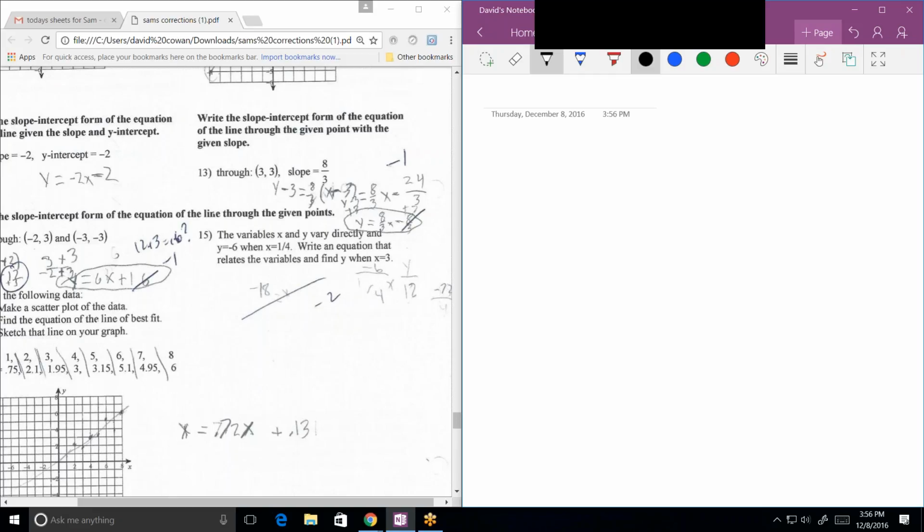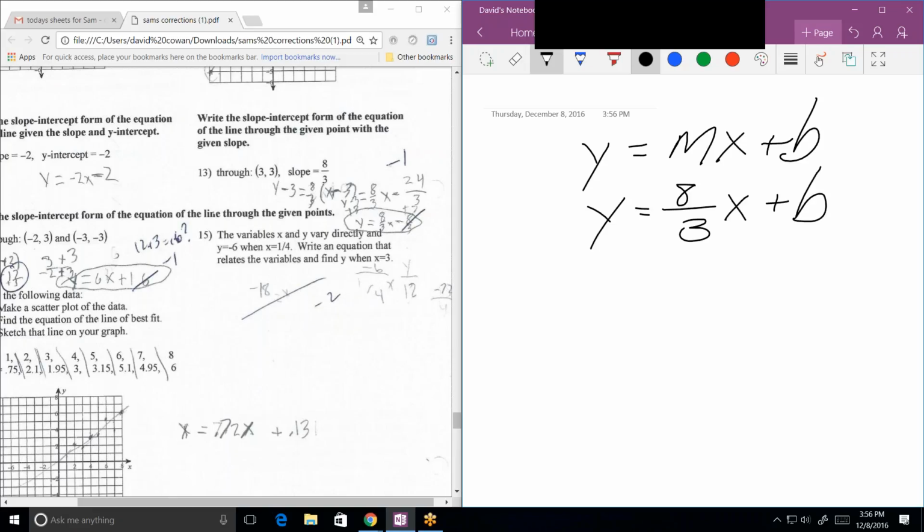So the general equation in slope-intercept form is y equals what? mx plus b. They tell you the slope, so you can substitute that for m. Now the only thing we need to come up with the equation of the line is b. If we had b, we'd have it.